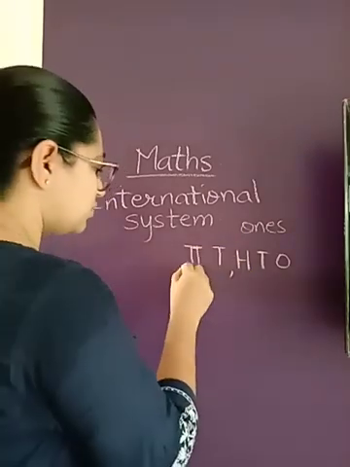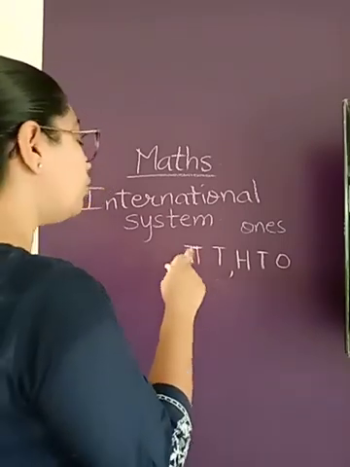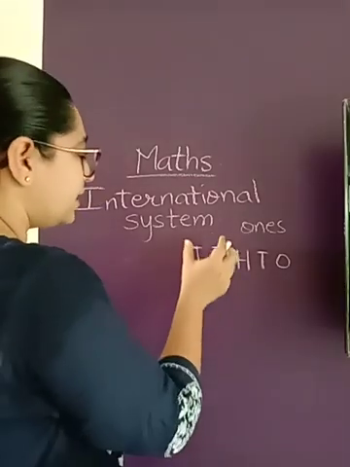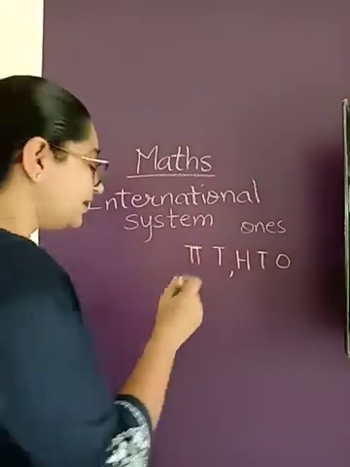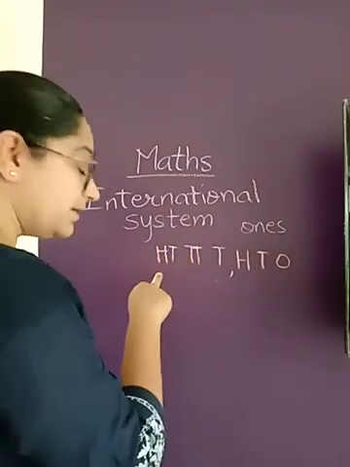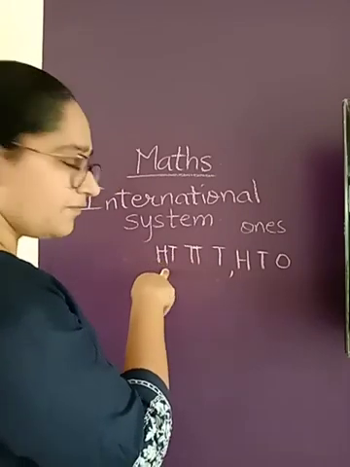This is also the same. But after 10,000, they don't put a comma, they don't close this group. Their group has one more number, that is 100,000. In the Indian system, we had 10,000. After that, we had lakh.